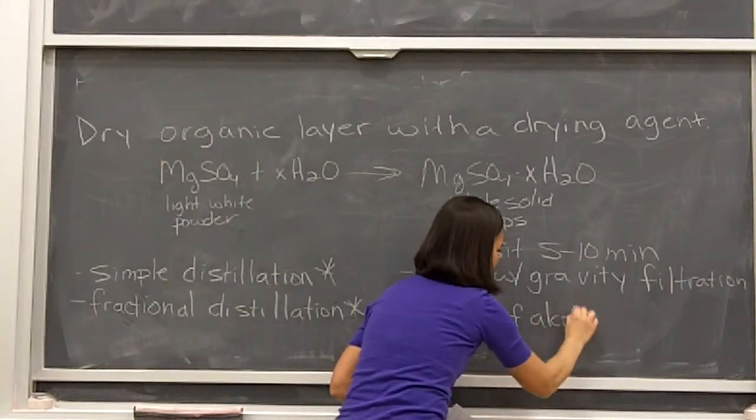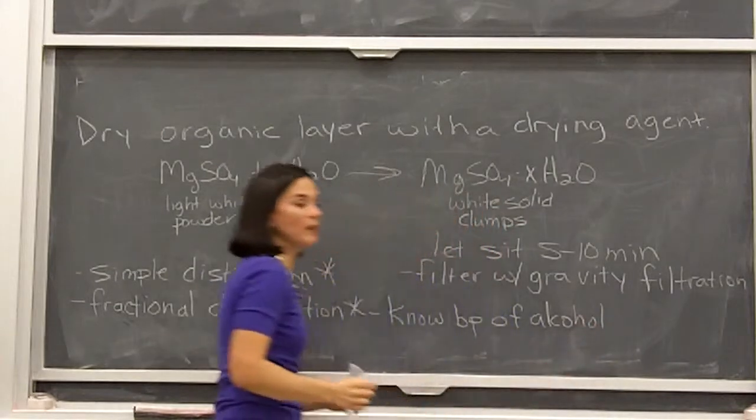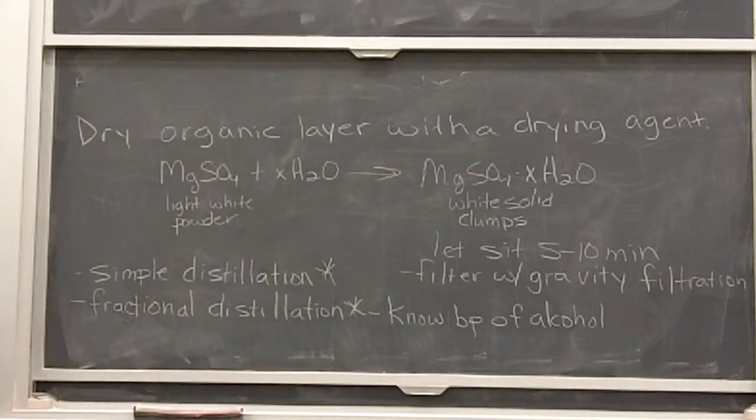A lot of times these alcohols are reported with boiling points that were collected under vacuum. So they'll say X boiling point 20 millimeters of mercury, or X boiling point 80 millimeters of mercury. That means that the boiling point was collected under vacuum. That is not the atmospheric boiling point. It's lower than atmospheric when it's under vacuum.